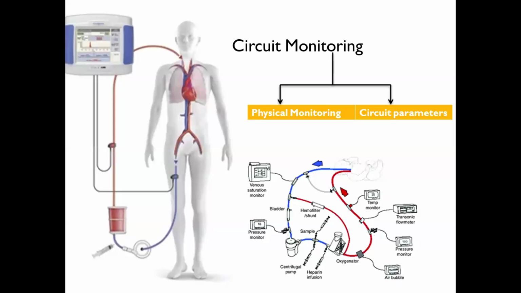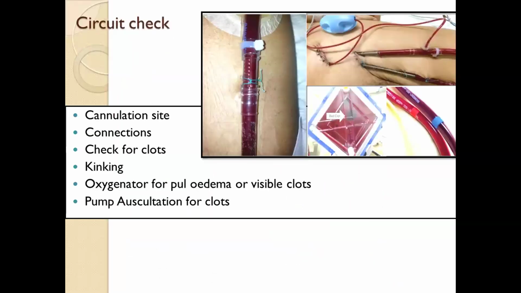Let's come to circuit monitoring. The first thing is to check on a daily basis to make sure the cannulation site is okay. There is no bleeding, hematoma formation, or signs of infection on these sites. So transparent dressings are put so that the inspection can happen without removing these dressings periodically. At the same time, look for any kinks in the circuits, look for any clots in the circuit or oxygenators.